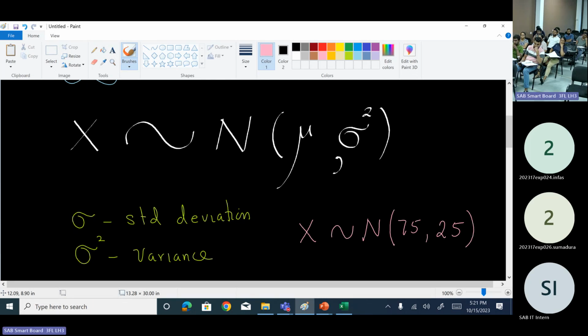A normal variable. What is the mean? What is the standard deviation? It is 5, right? Not 25, it is 5, because here we write sigma square.